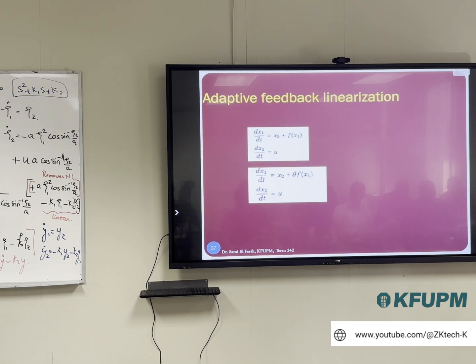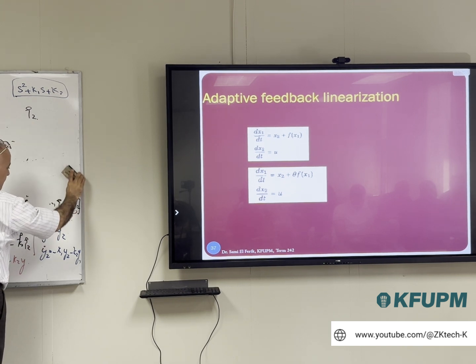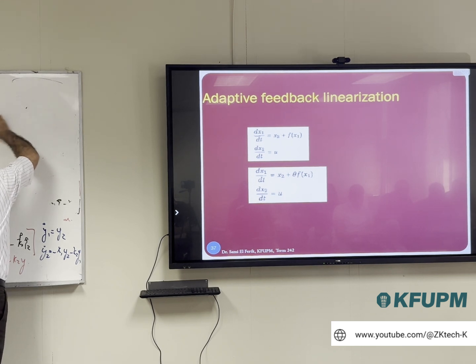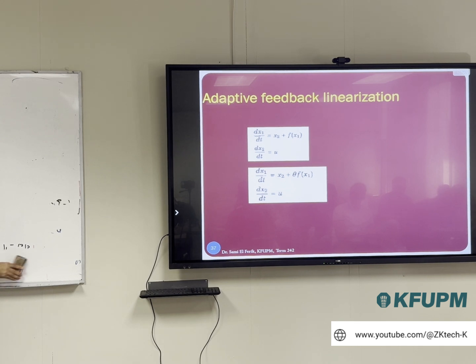Do that and let's work on it together, because I will use this as a way to go to adaptive. And what we are going to do for feedback linearization and adaptive can also apply to neural networks. So if we have an approximation of a neural network for this function f of x, we can do exactly the same thing.